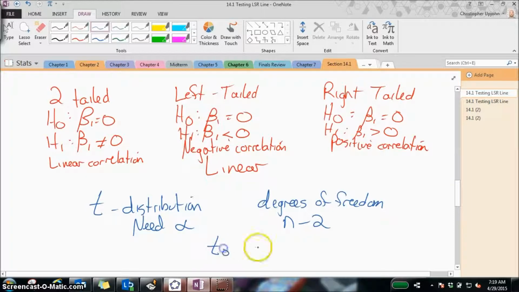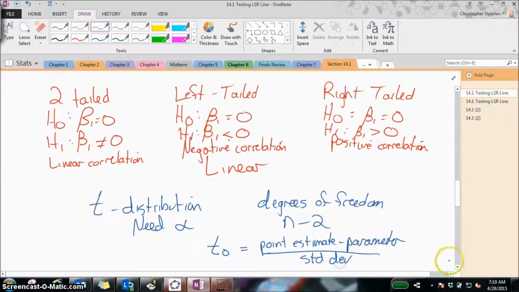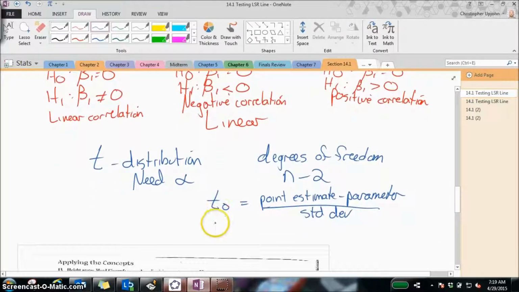Our test statistic, T naught, is just like everything else. It's our point estimate minus our parameter, divided by our standard deviation. In this case, our point estimate is B1, our parameter is beta 1, and our standard deviation is SB1.